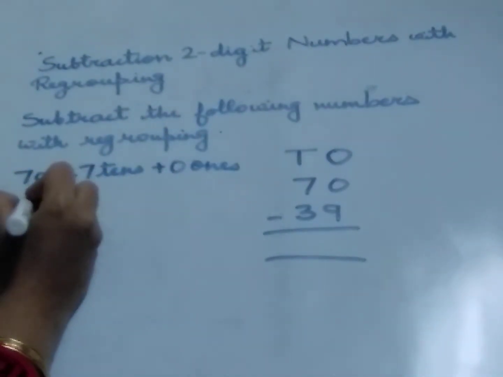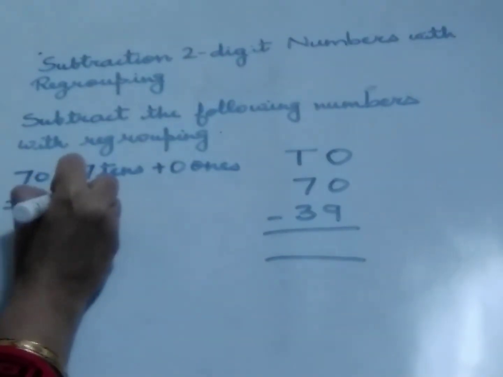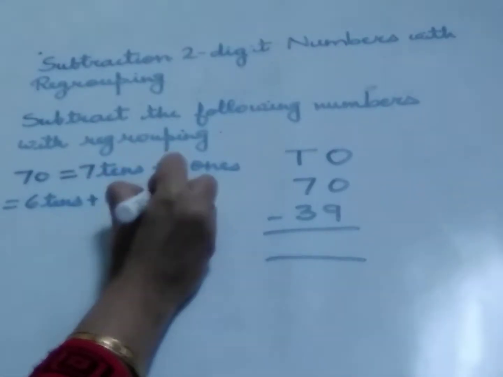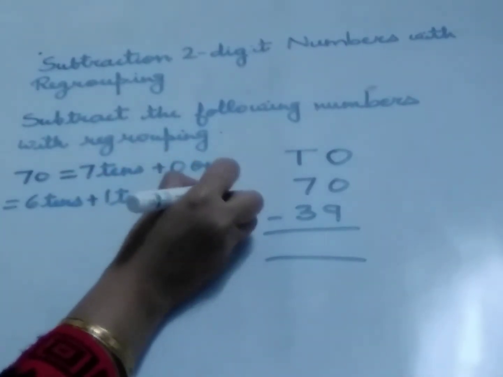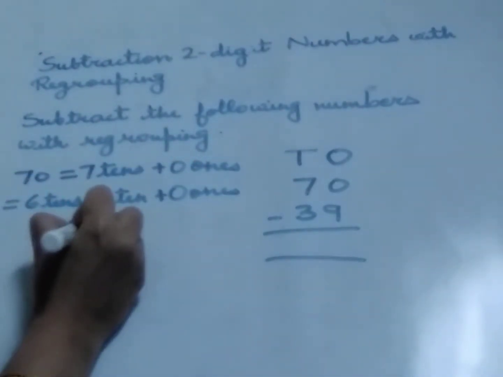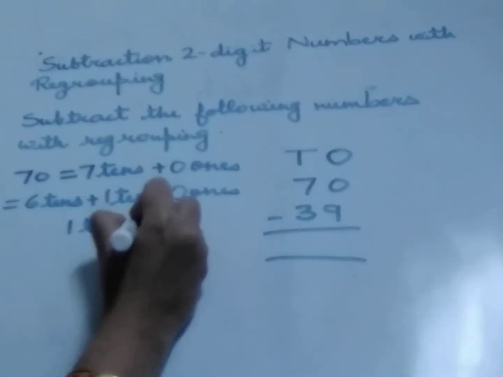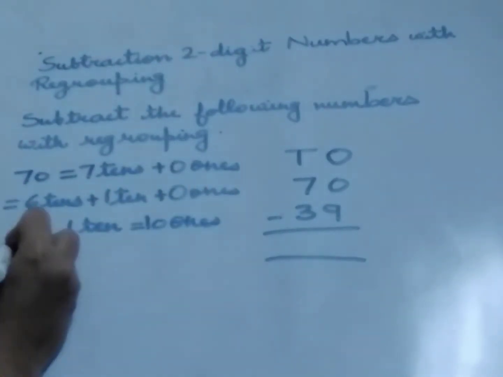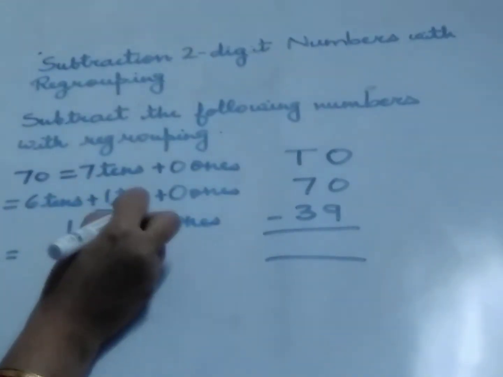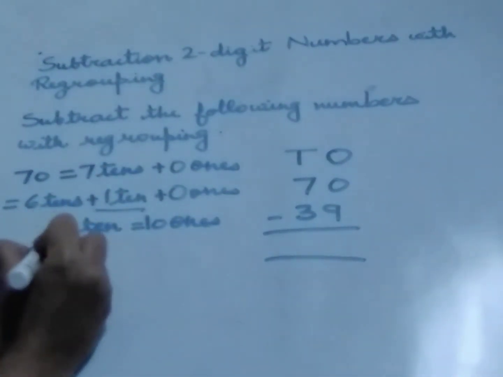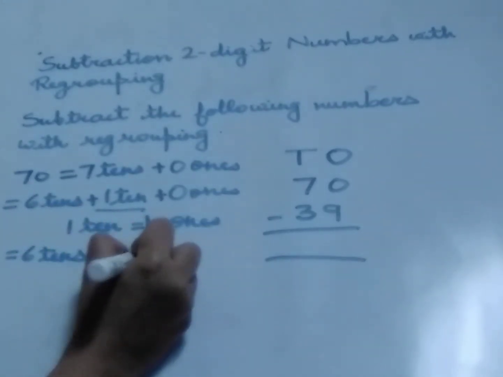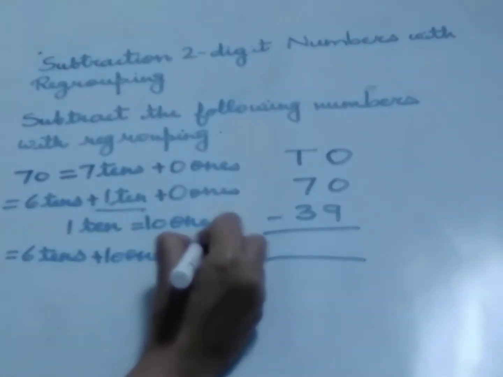Or you can write 7 tens as 6 tens plus 1 ten plus 0 ones. Now again 1 ten can be written as 10 ones. So in place of this 1 ten, write 10 ones: 6 tens plus 10 ones plus 0 ones.